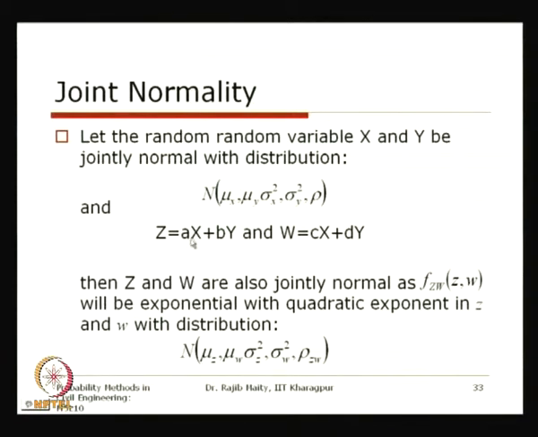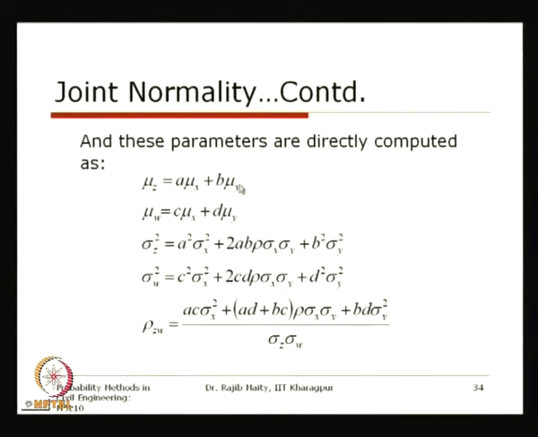It is very easy to remember: a is multiplied by the mean of X, and b by the mean of Y. This is basically taking the expectation of both sides. Similarly for the mean of W. The variance of Z is multiplied by the square of the coefficients: a squared sigma_X squared plus b squared sigma_Y squared, plus a factor if they are not independent, 2ab rho times the product of their standard deviations. Similarly, sigma_W squared is expressed through this, and rho_ZW can also be expressed using the correlation coefficient between X and Y.